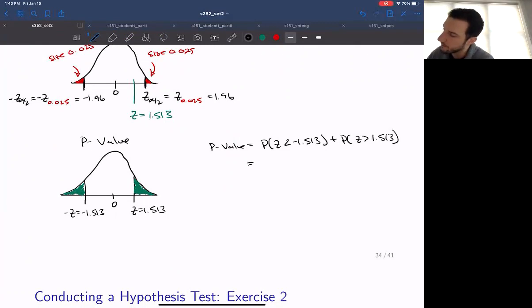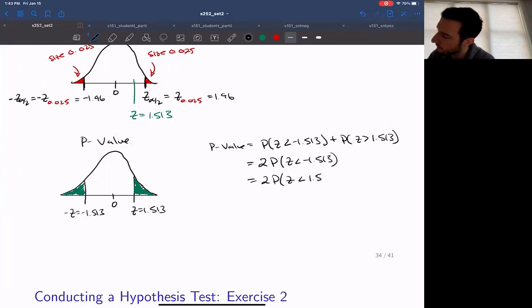Because these areas are the same size, this can be written as 2 times the probability that Z is less than negative 1.513, which is also equivalent to 2 times the probability Z is greater than 1.513. These are all the exact same expression. So we will go to the standard normal table.